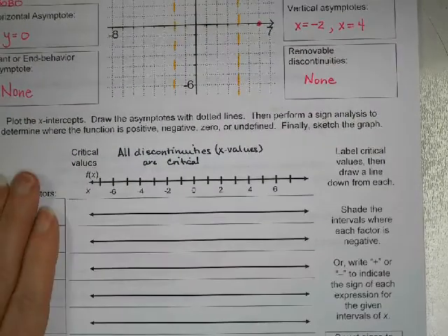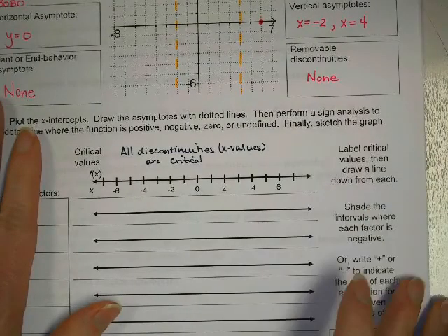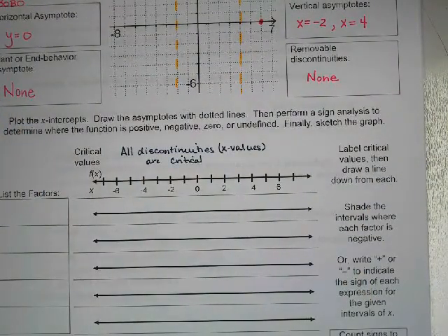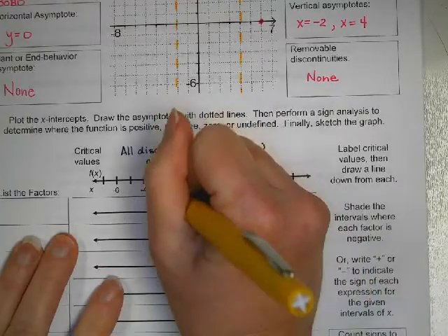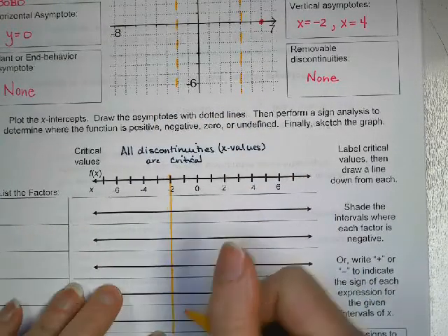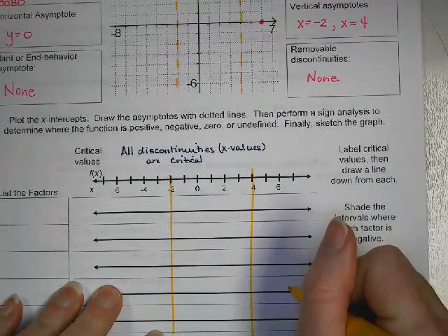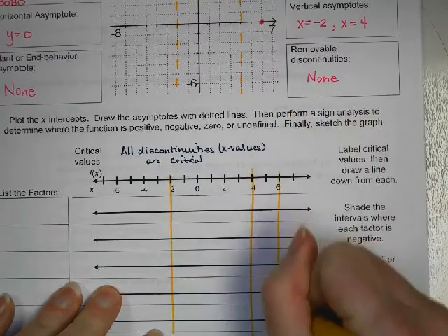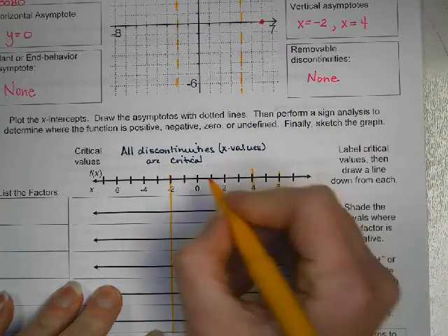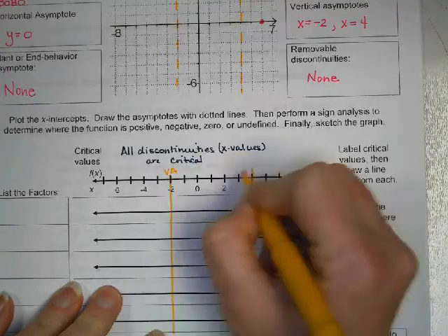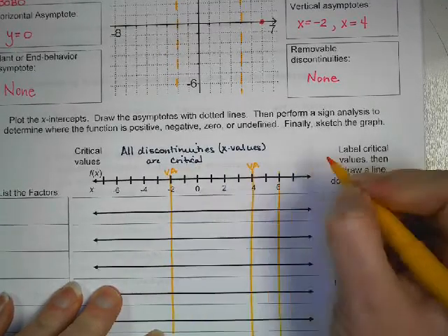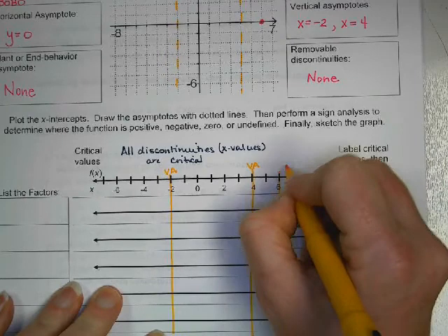So that's critical. All right, so for the purposes of figuring out what this graph is going to look like, I'm going to draw a line down at all of my critical values. So there's -2, there's 4, and there's 6. Now, this is just to help me determine whether the graph is going to be above or below the x-axis in certain points.